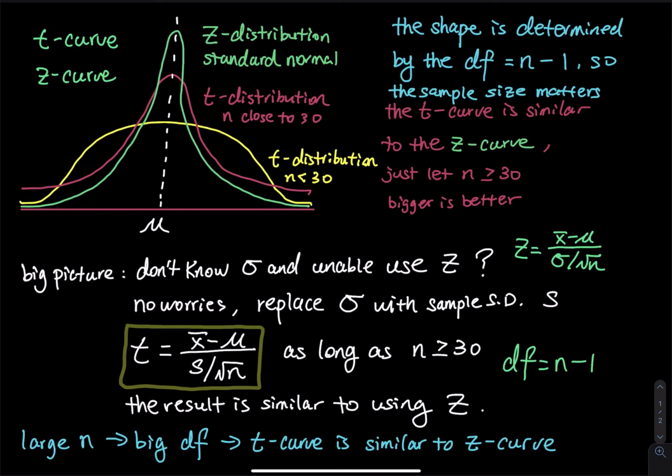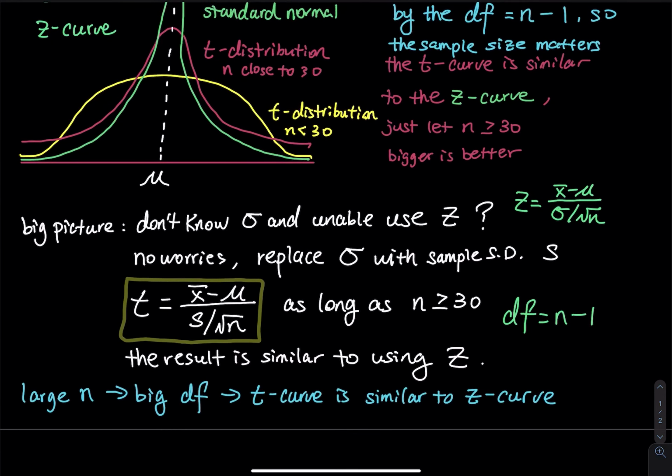So overall, you lose sigma. Don't worry about it. Just replace sigma with the sample standard deviation, and then use another standardization formula. As long as n is big enough, the result of using t is very similar to the result of using z, right? And that will be the end of this video.